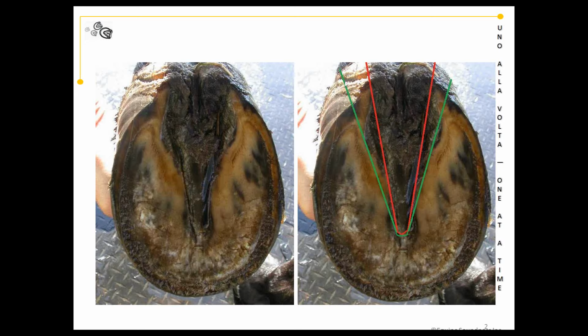The green line would be a more ideal shape, a more functioning shape. And the red line runs along the collateral grooves. And if that line that runs along the collateral grooves does not come out outside of the hoof bulbs, as the green line does, then we are dealing with a contracted heel.